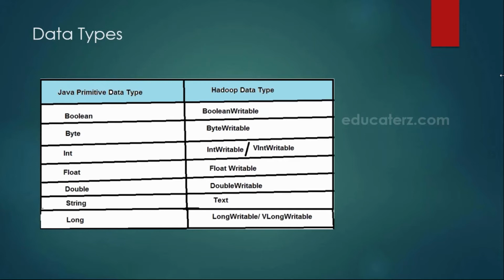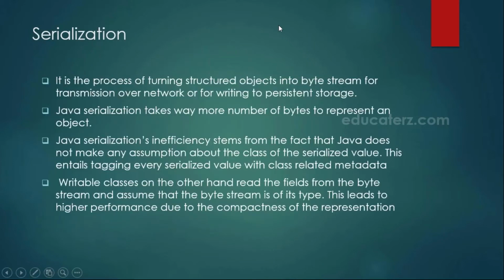It is because whenever you are working in a distributed environment, all your data, whatever the input file and whatever the objects are there, must be passed over the network. There is something called serialization. What the serialization process is, is that whatever objects you have have to be transmitted over the network.